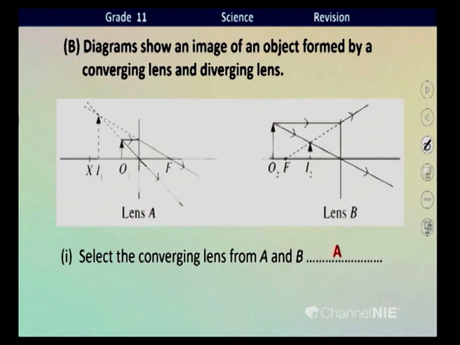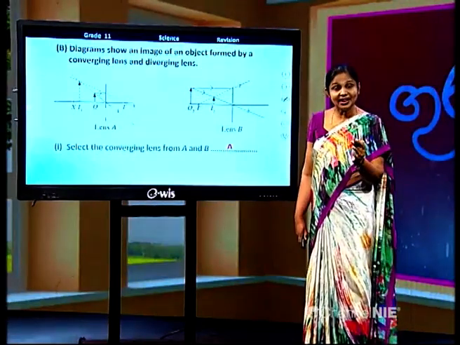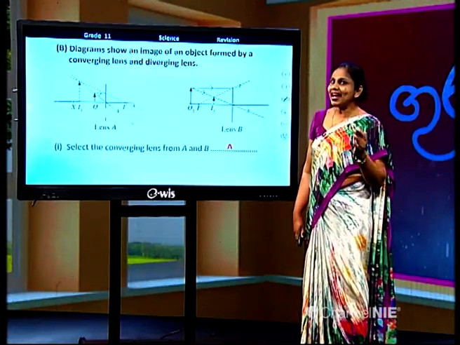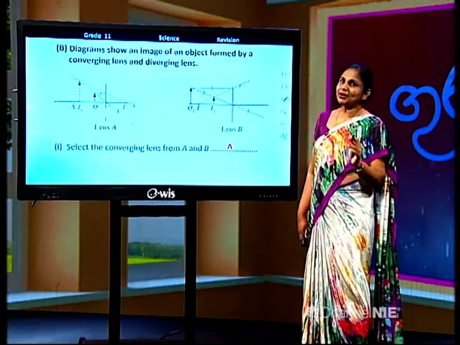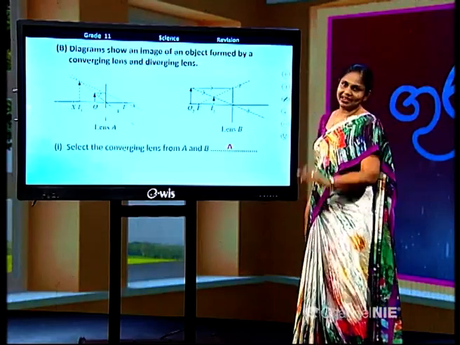When you observe the A diagram carefully, you know that this is relevant to observing a small thing using a hand lens, right? A virtual magnified image formed on the same side of the object is only by a convex lens. Therefore, the converging lens here must be A.